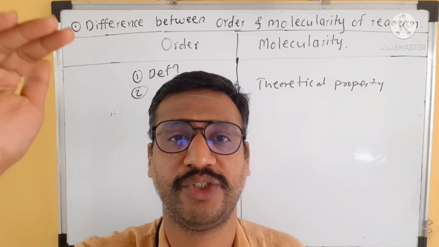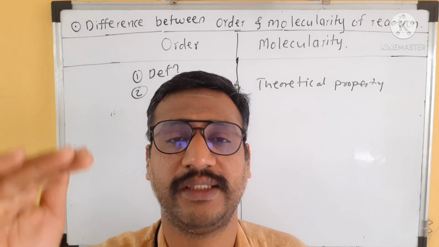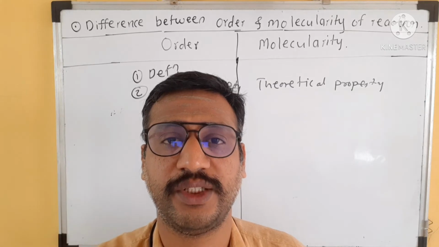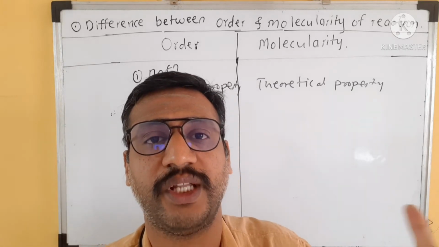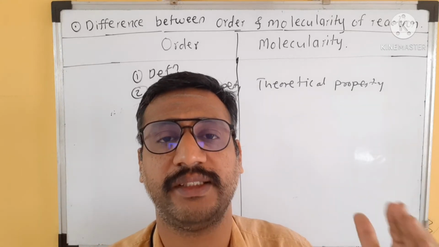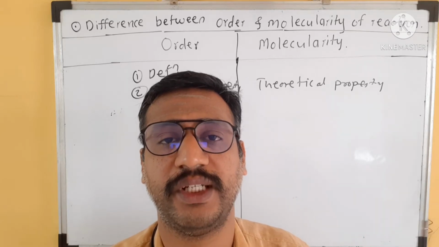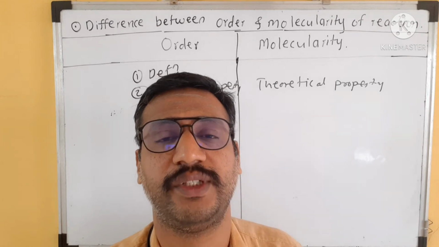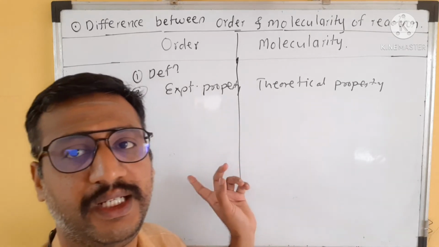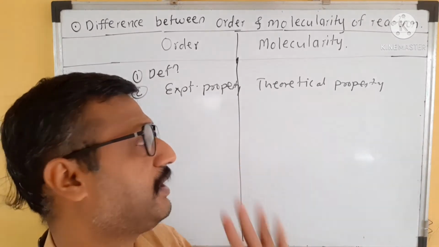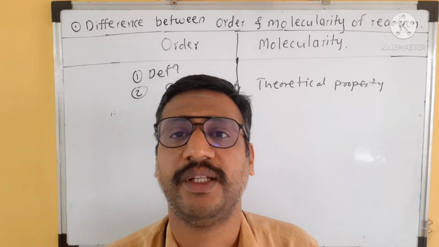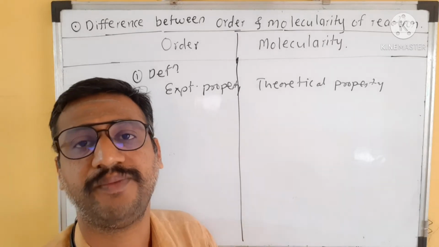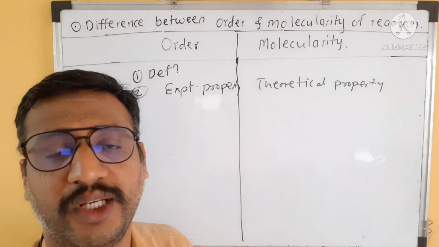Suppose initially the concentration of A is 1, and as the reaction proceeds, the concentration of A decreases. What happens to the rate of reaction as the concentration of A decreases? And as the concentration of B increases or decreases, what about the rate? This is to be studied, and then the rate law equation is made. So order is an experimentally determined property, while molecularity is theoretical. If we see the balanced chemical equation, we can state the molecularity.